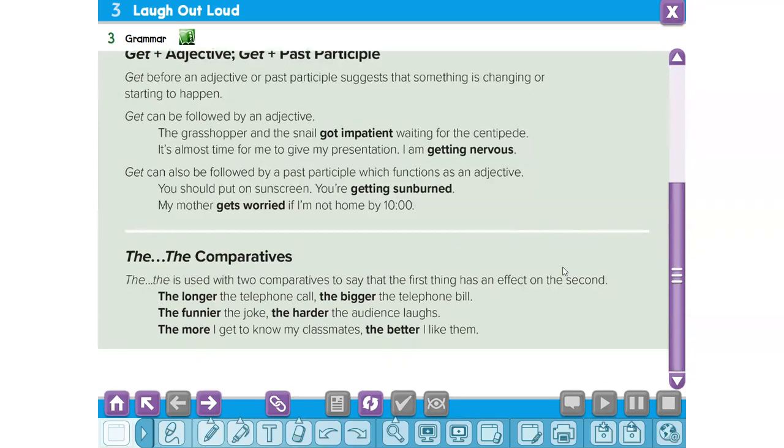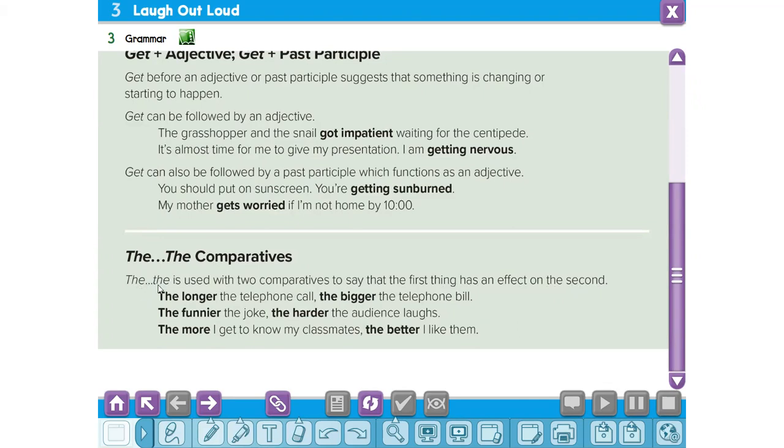The last point, the comparatives. We use two comparatives to say that the first thing, after the first "the", has an effect on the second thing, after the second "the".